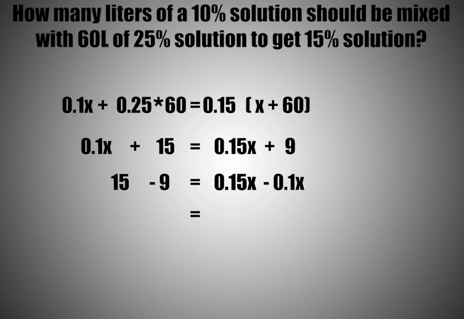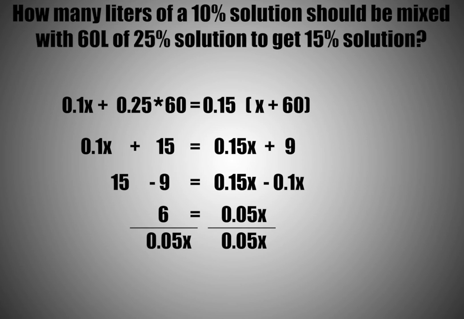Again, we will perform the operations. 15 minus 9 is 6, and 0.15x minus 0.1x is 0.05x. Now all we have to do is divide both sides by 0.05 and we will get the value of x, which is 120.